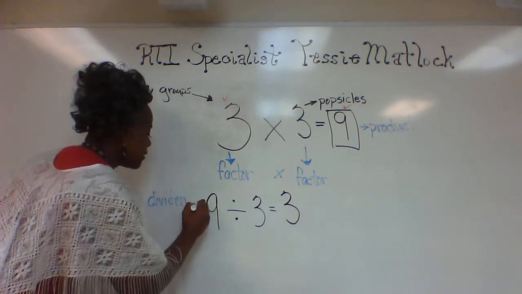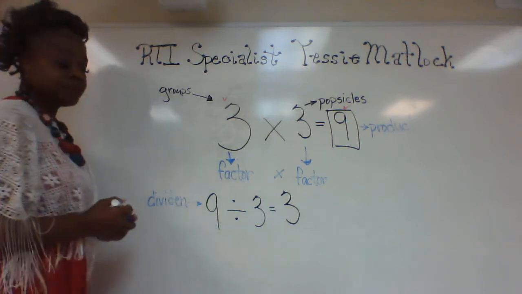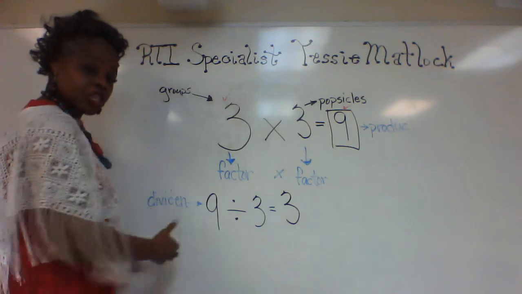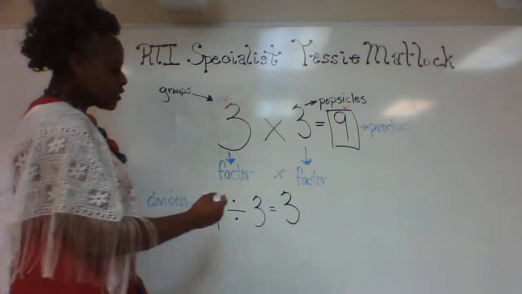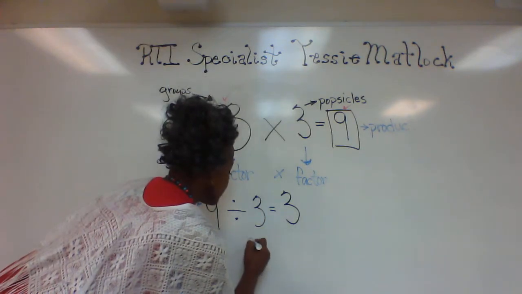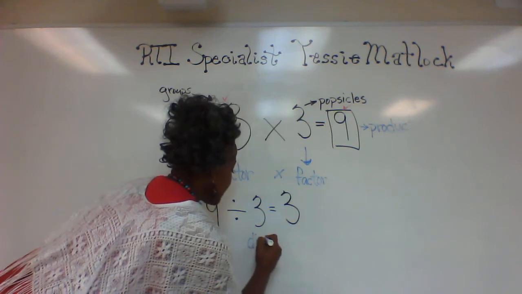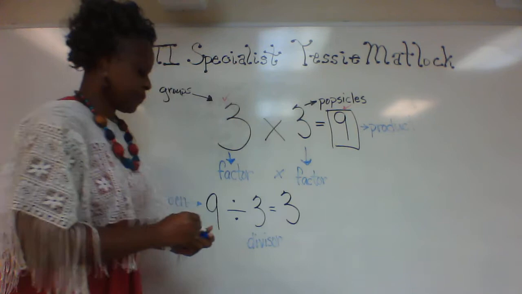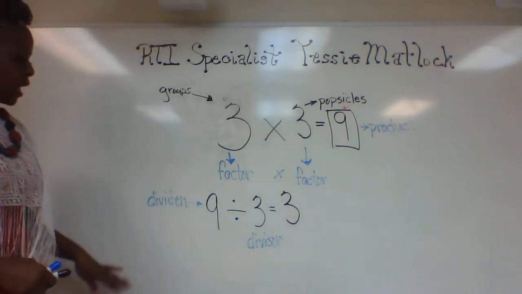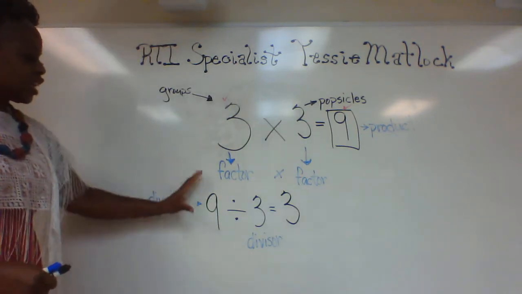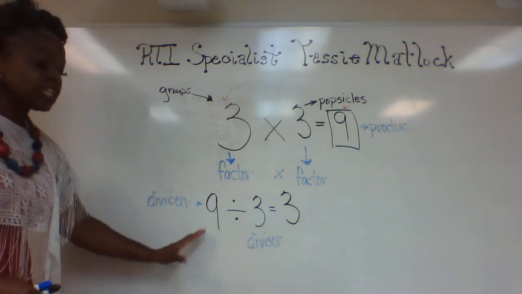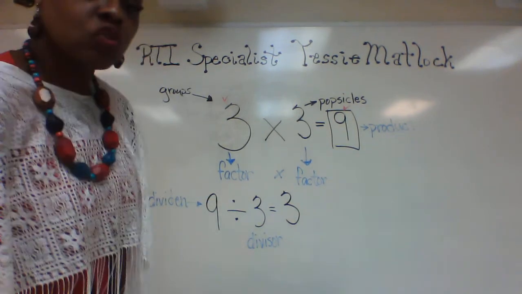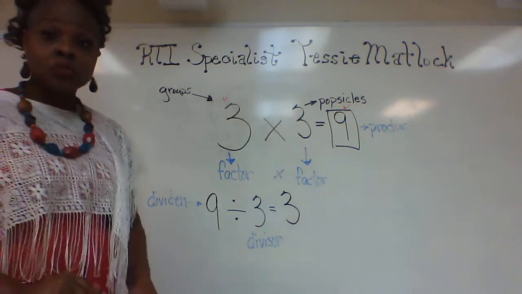D-I-V-I-D-E-N-D. The dividend. This 3 in this position is called our divisor. D-I-V-I-S-O-R. The dividend is what's to be split in groups.